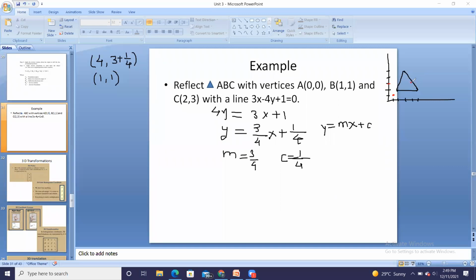So I will take slightly above. So this is your line. Now it is passing through these 2 points, so I will extend it. Okay. So this is the actual line L, and we want to carry out the reflection about this line L.